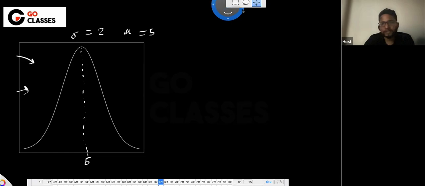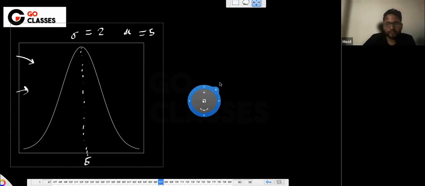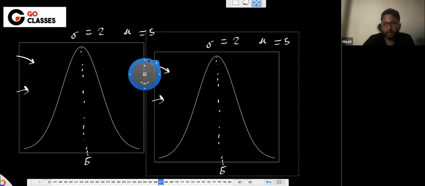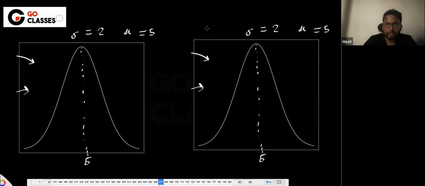And now if I just change the values and ask what will be the plot for mean 3, then you will say the plot will be exactly the same. It might shift left and right. That's all. The plot will be exactly the same, which means the width and these things are exactly the same because you are not changing the variance.